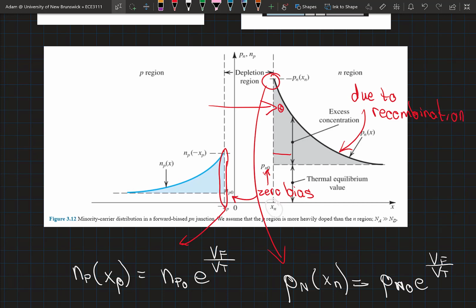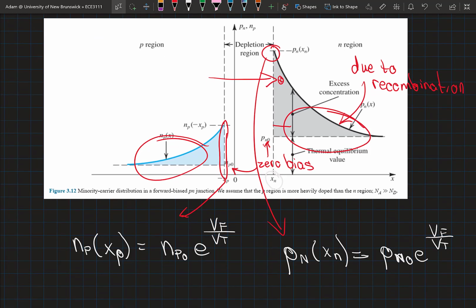Okay, and as those excess minority carriers, whether they're holes on this side or electrons on this side, recombine, we have a loss of majority carriers. So these electrons, for example, that are recombining with a hole result in a loss of a hole here, right?